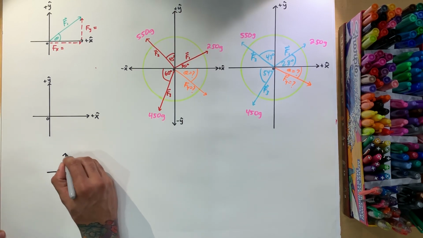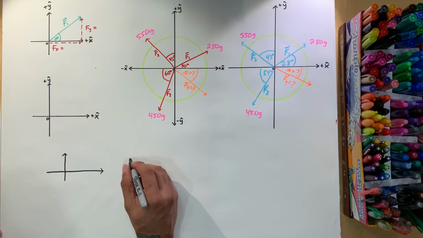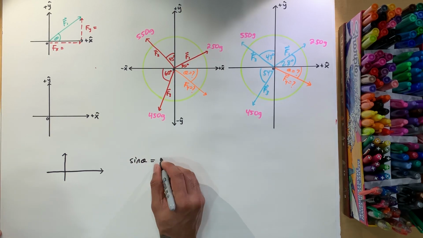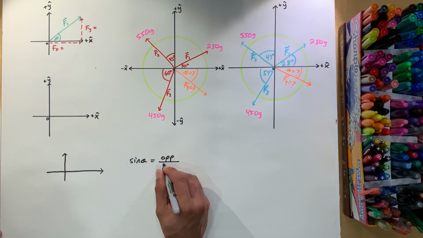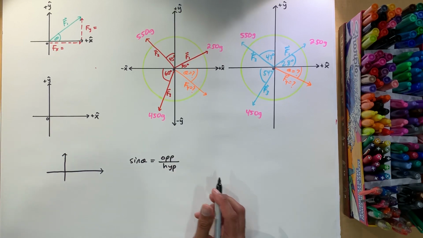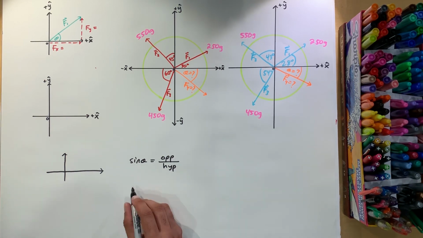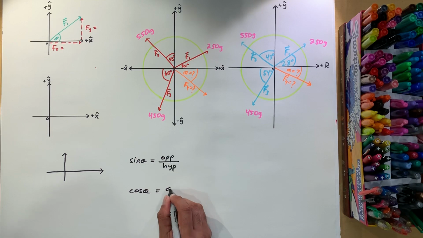we got, let's see. We know sine is opposite over hypotenuse, and we know cosine is adjacent over hypotenuse, right?